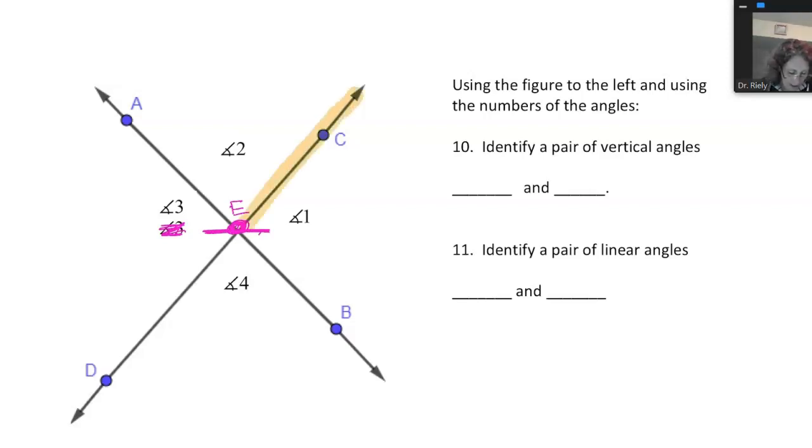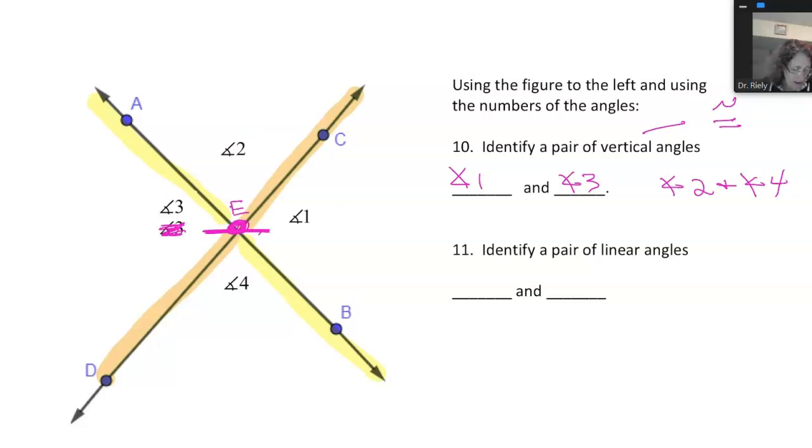So this ray is opposite that ray, and this ray is opposite that ray. So look what I'm noticing. Angle 1 and angle 3 are vertical, and so are angle 2 and angle 4. And don't forget, the vertical angles are congruent, so they're equal to each other.